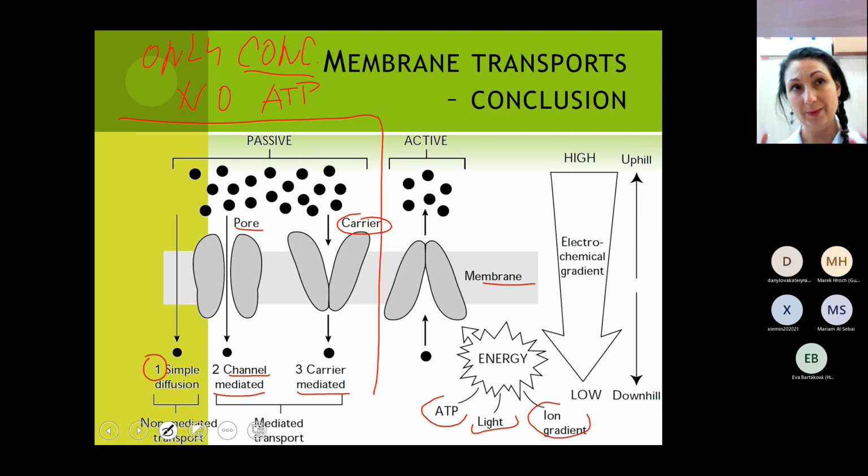So we are using the concentration gradient of a different particle to provide work for another particle. Therefore we are talking about secondary transport. The driving force for secondary transport is usually the electrochemical gradient.